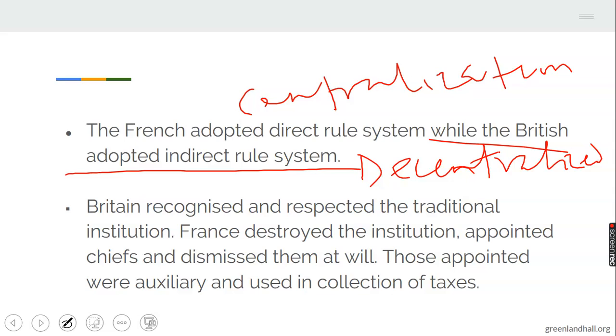Another one, Britain recognized and respected the traditional institution. France destroyed the institution, appointed chiefs, and dismissed them at will. Those appointed were not permanent; they were auxiliary and used in the collection of taxes.